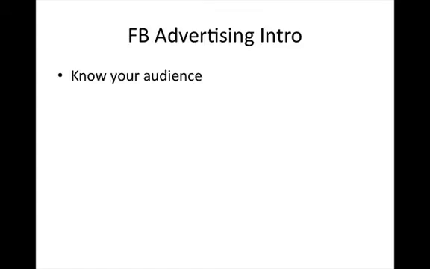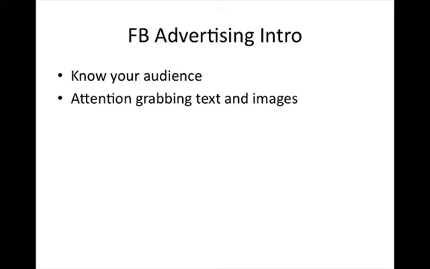So first off, a crucial element about Facebook, you really need to know your audience. And in tonight's call, we're going to talk a lot about interests and audience and knowing exactly your ideal customer. Also in the training, we talked about attention-grabbing text and images. So if you went through the existing training, we talked about using red arrows and using pictures of a person looking at the screen, looking right at the camera.